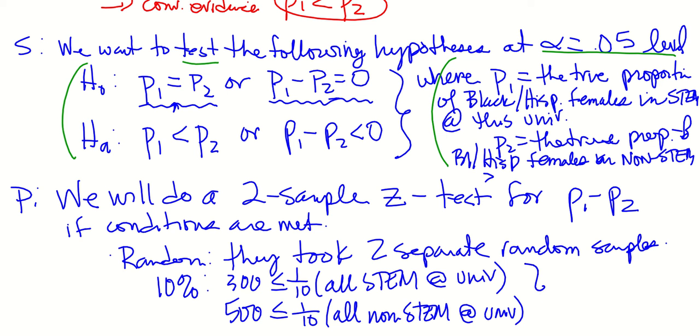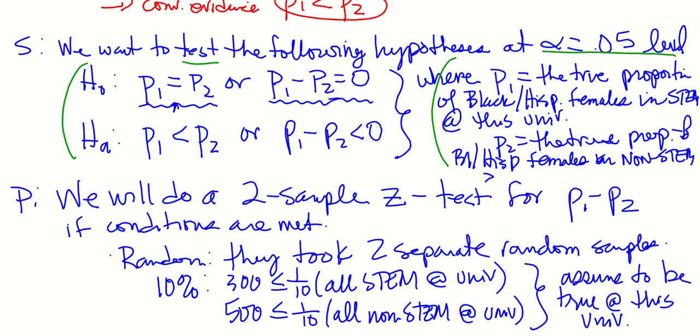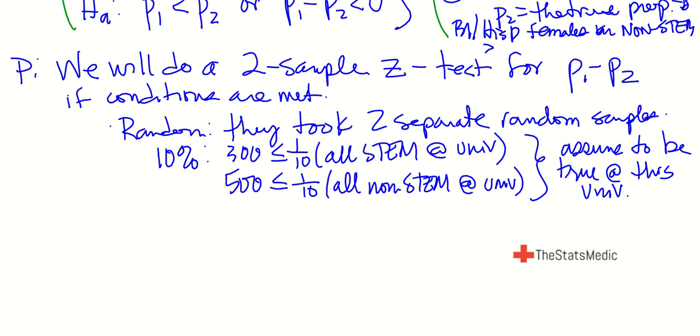Now, we don't really know this to be true. They didn't tell us how big the university was, how many students there were, so we're going to make the statement that we assume this to be true at this university. So we have our random, we have our 10%.